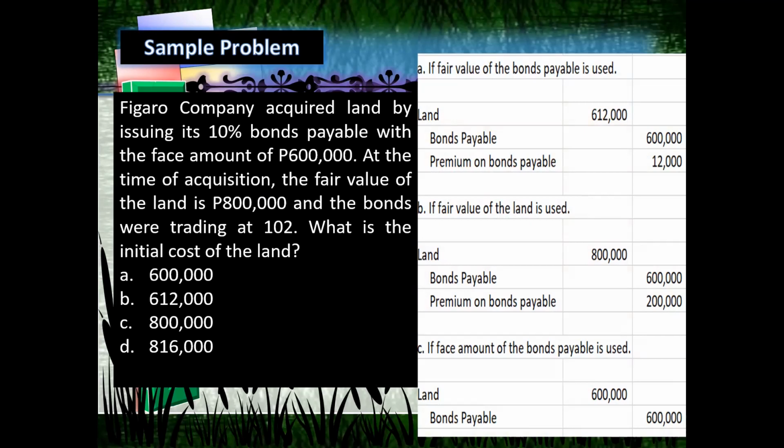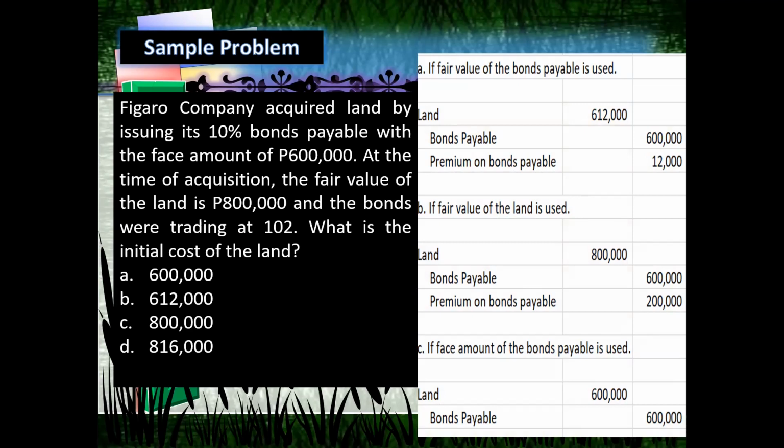Now, what if hindi available yung 612,000? Paano ba natin kinumpute ang 612,000? So, 600,000 is the face amount of the bond. Multiply natin ito ng 102. Actually, pag bonds yan, ang ibig sabihin, that's 102% of the face value.